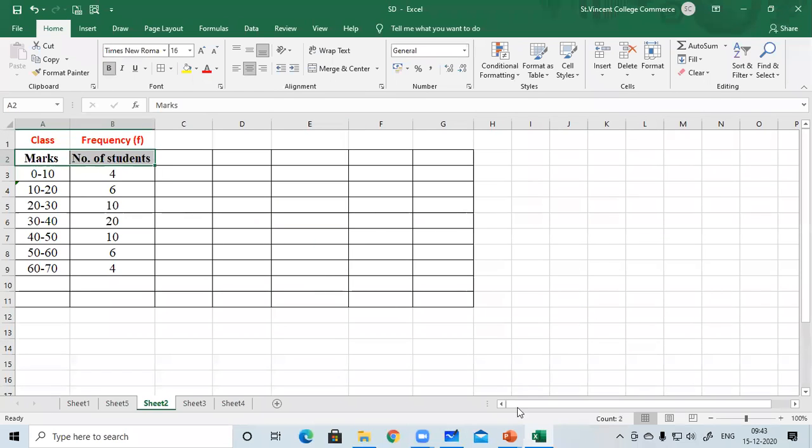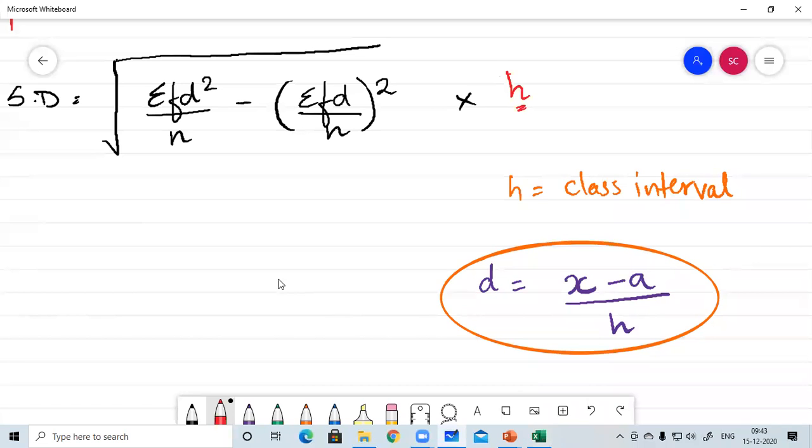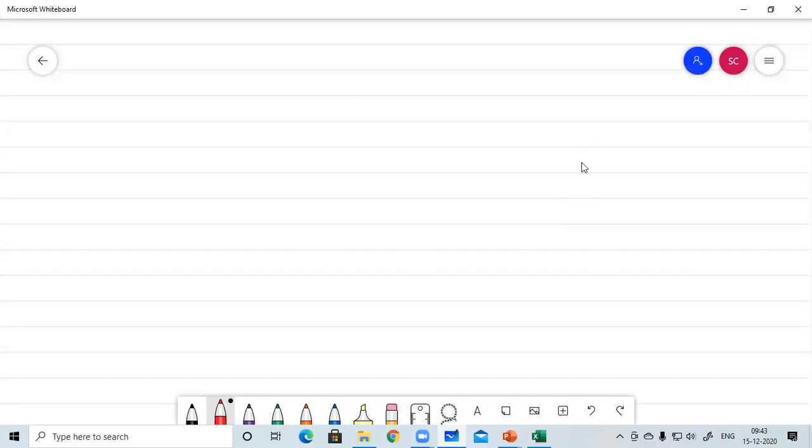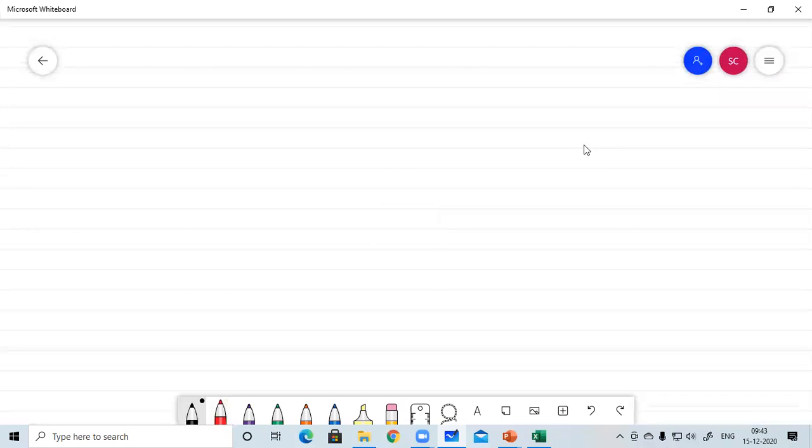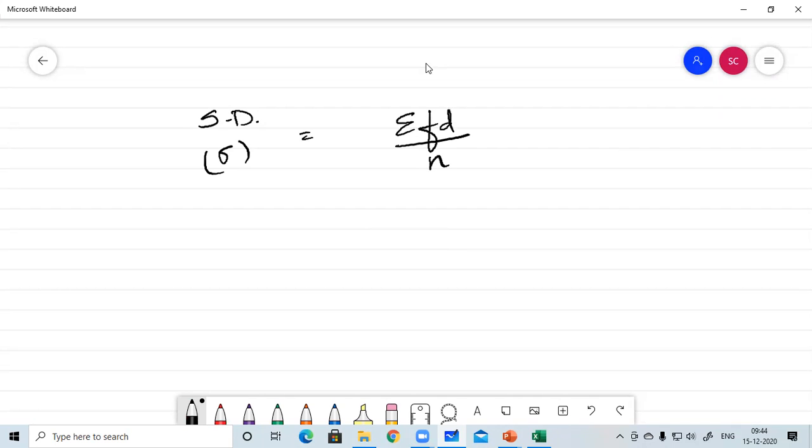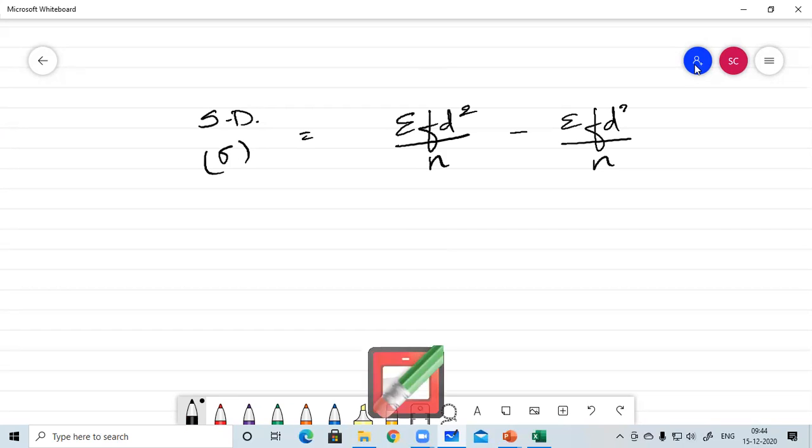So marks and number of students. Now look at the formula again. Let's rewrite the formula. In group data, the formula for standard deviation, SD, denoted by this symbol, is equal to sigma FD square upon N minus sigma FD upon N, the whole square, that is outside.